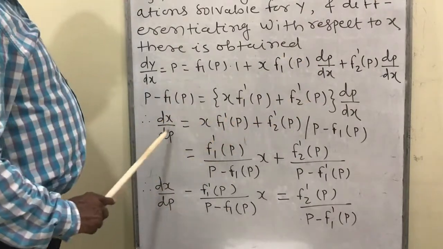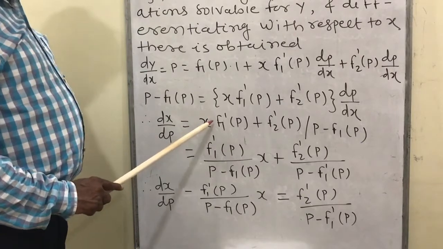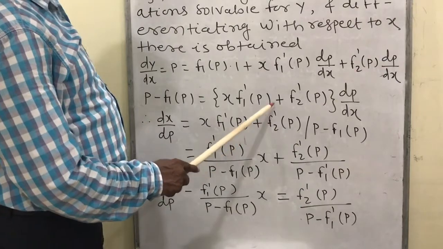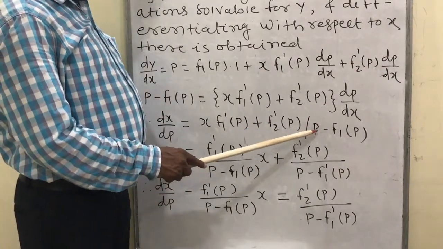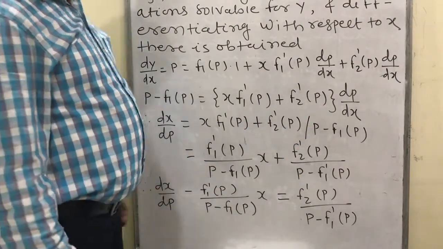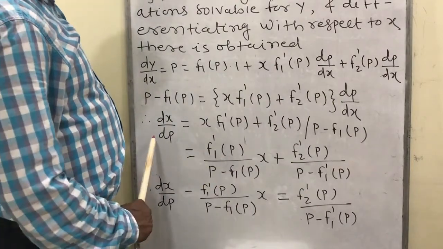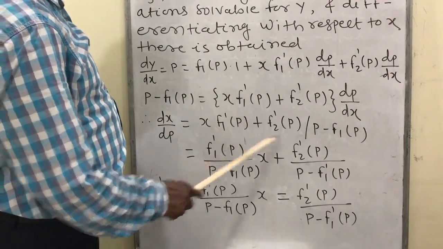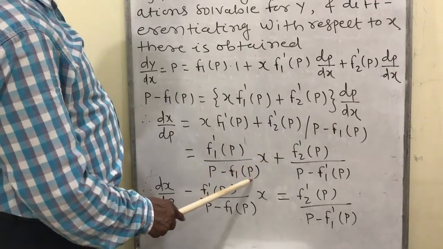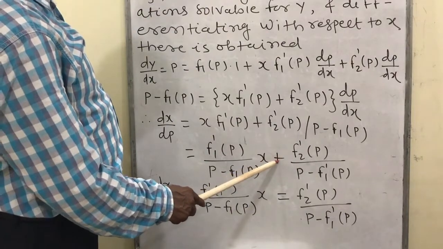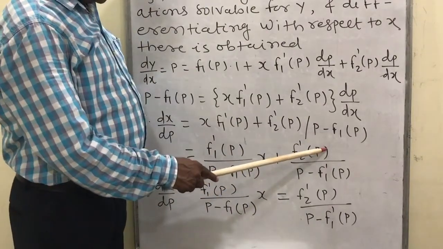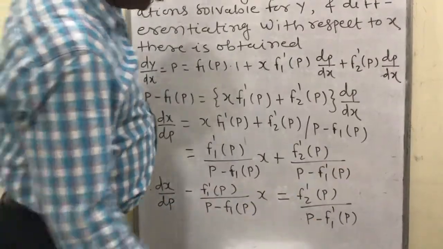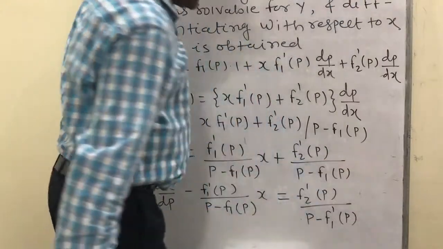Hence dx by dp is equal to x f1 dash of p plus f2 dash of p, whole divided by p minus f1 of p, which is equal to f1 dash of p upon p minus f1 of p into x plus f2 dash of p upon p minus f1 of p.